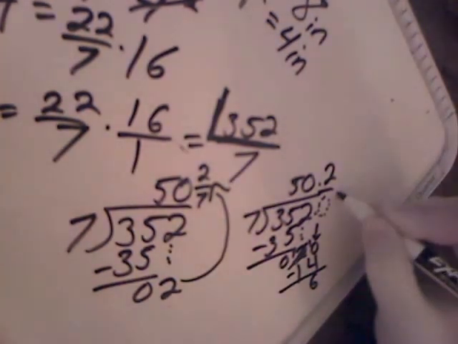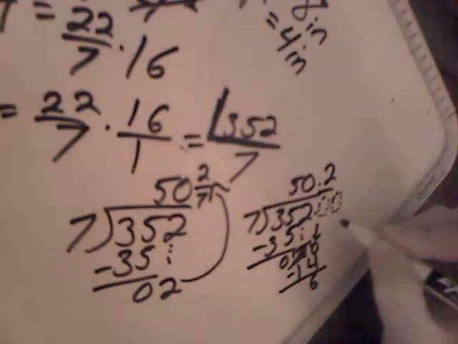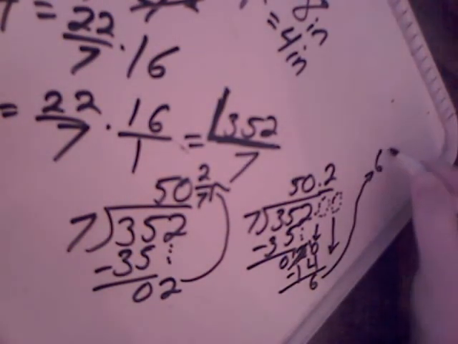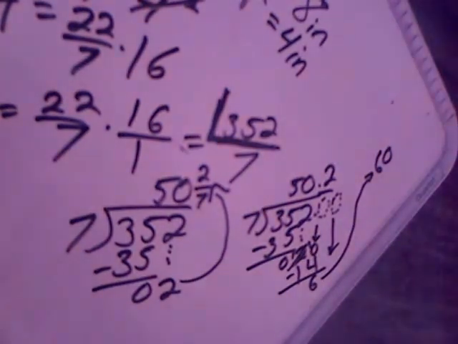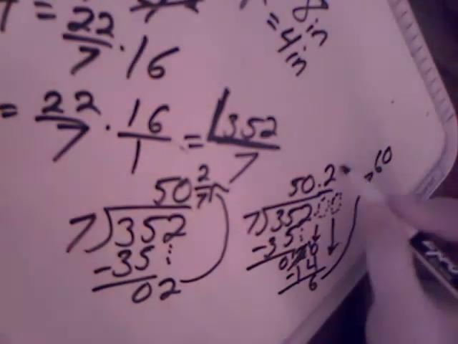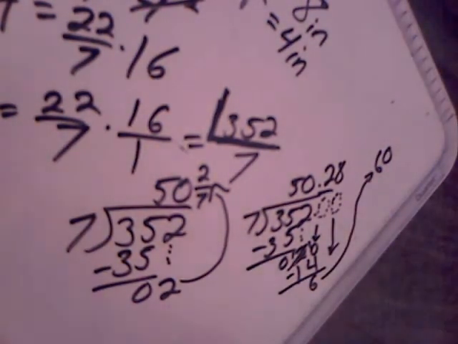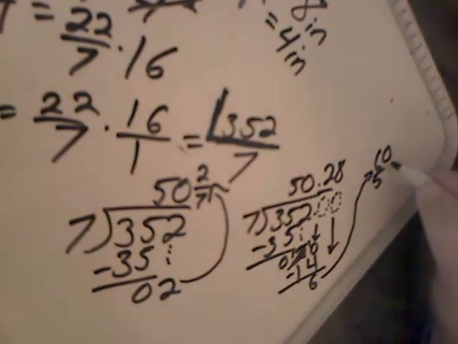Now I have 6 left over. You can see I did not plan this out very well because I'm running out of room, so we're going to move it up here. 7 goes into 60 8 times, and it will keep going on.